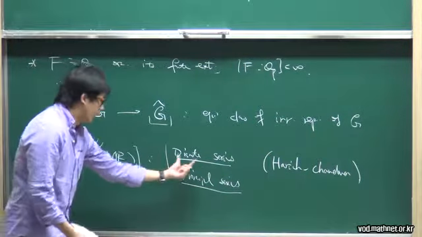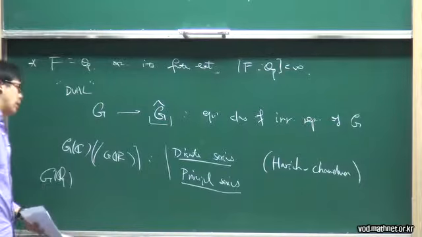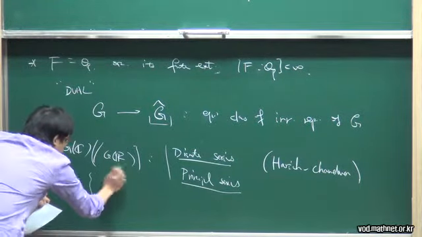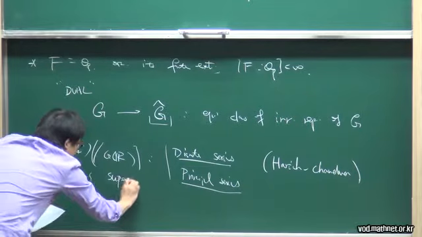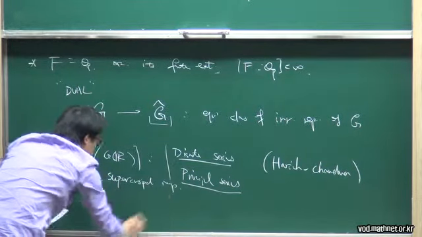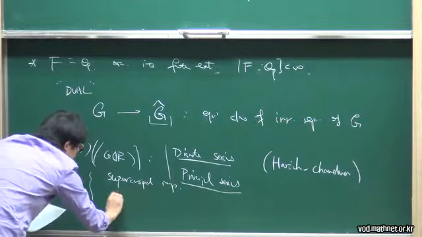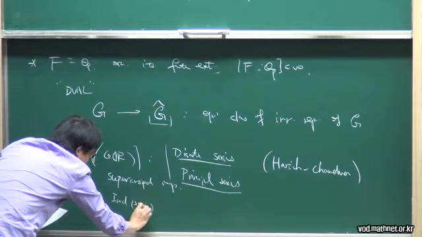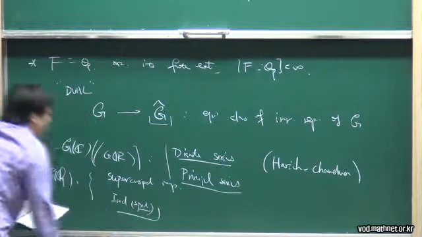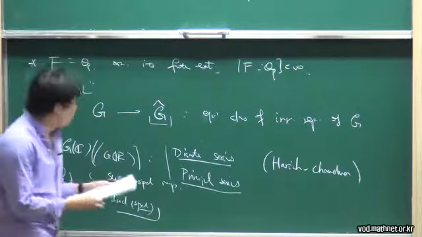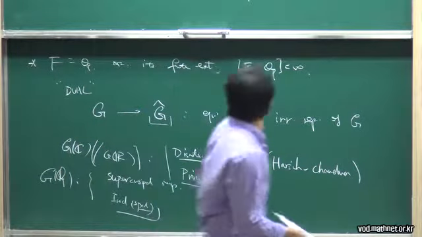The discrete series will be replaced by the so-called cuspidal representations, and some induced representations from cuspidal ones. This is the way to construct the dual here. I will explain it in detail.